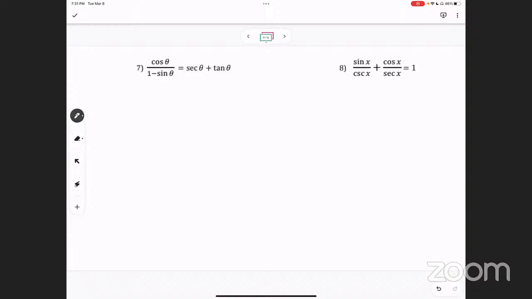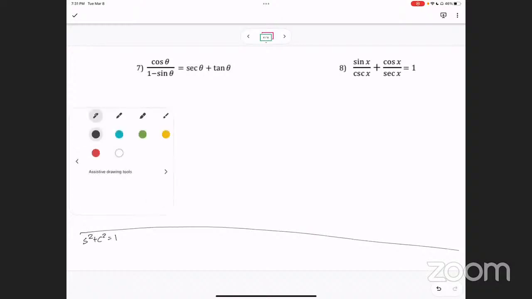So let's do our little cheat sheet at the bottom. So sine squared plus cosine squared equals 1. Divide everything by sine squared, I get 1 plus cotangent squared x equals 1 over sine squared, which is cosecant squared x. See how I'm doing that? Divide everything by cosine squared, you get tangent squared plus 1 equals secant squared.